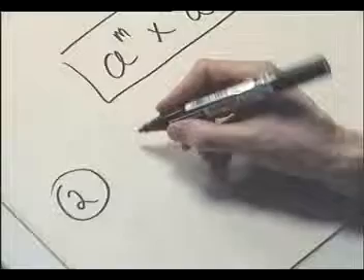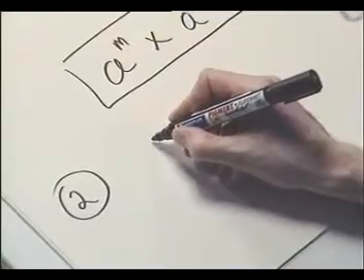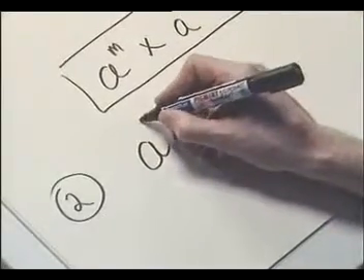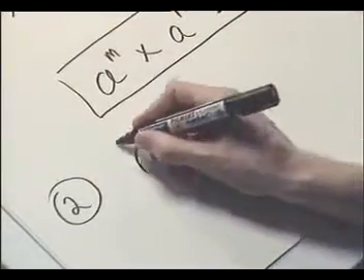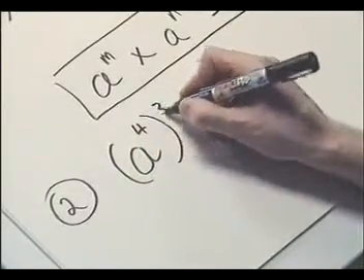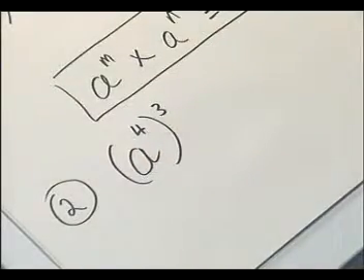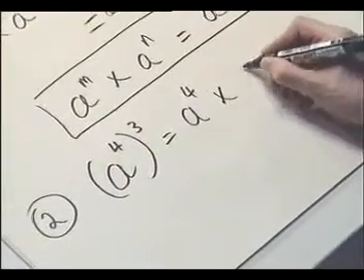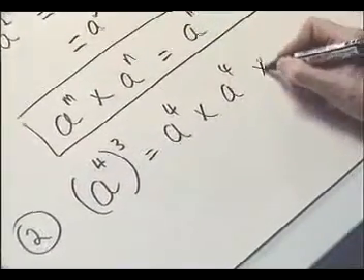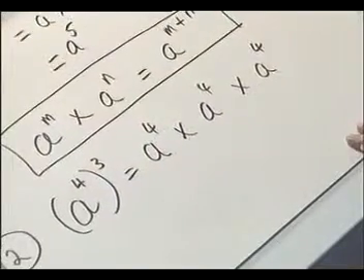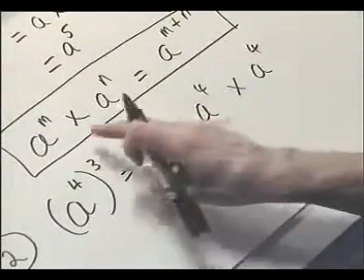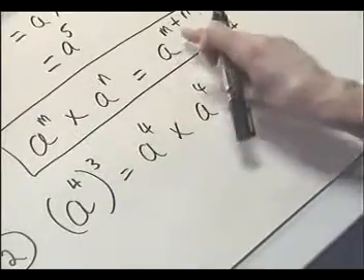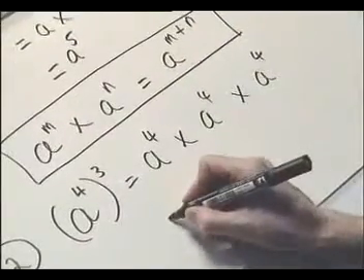Let's have a look at our second rule. We've already done something like this previously. Supposing we had a to the power 4 and we want to raise it all to the power 3. And we know what that means. It means a to the power 4 times by a to the power 4 times by a to the power 4. And our first rule tells us that we should add the indices together.